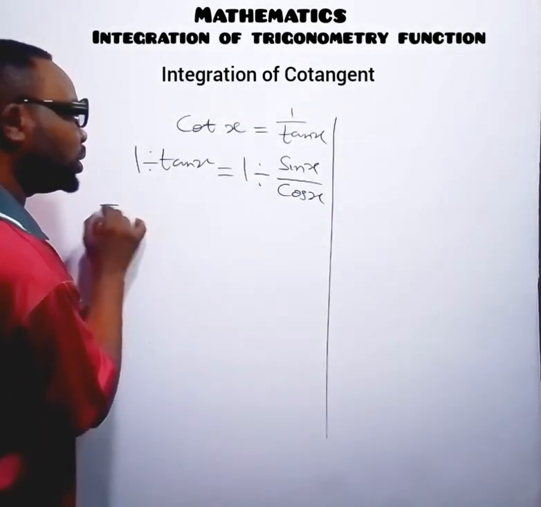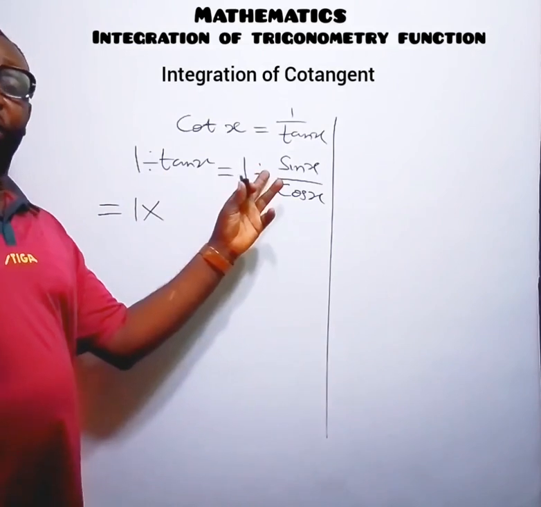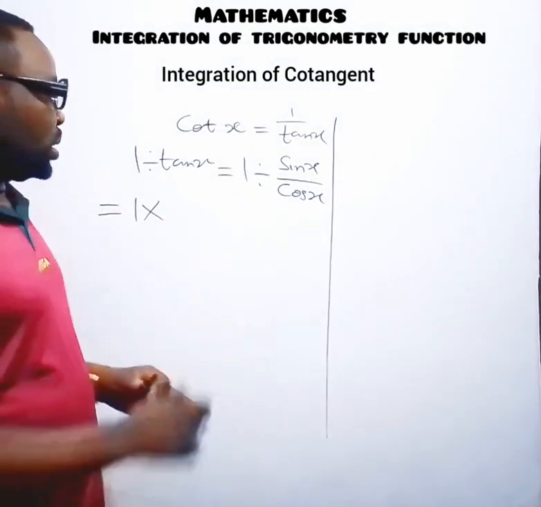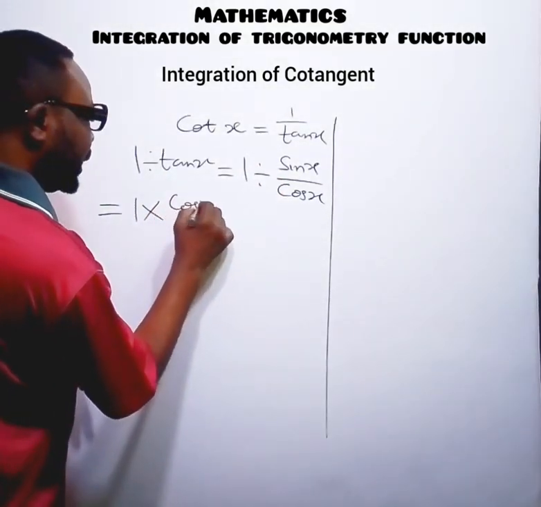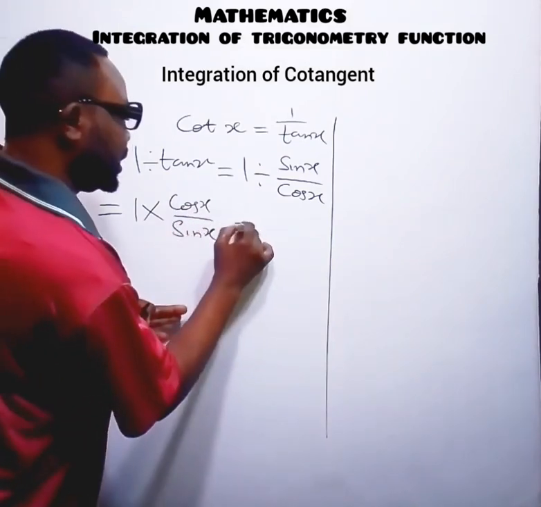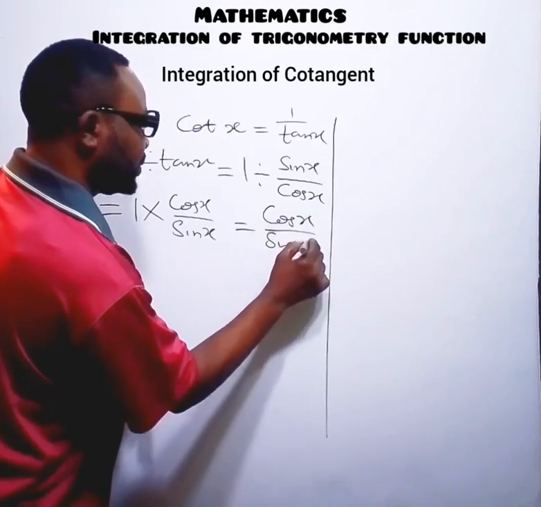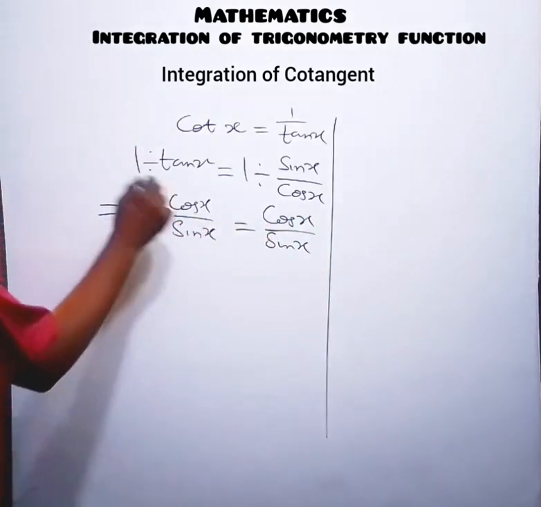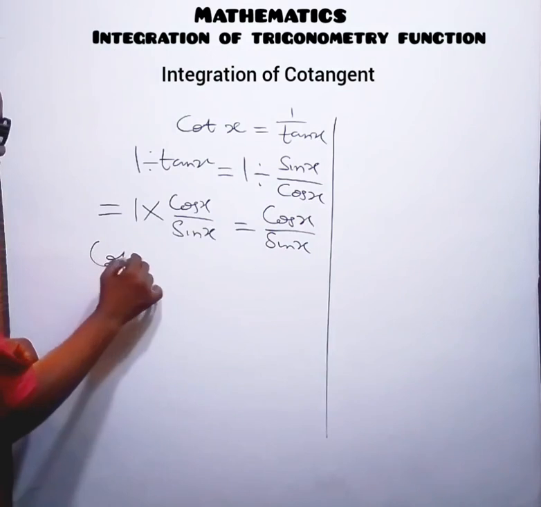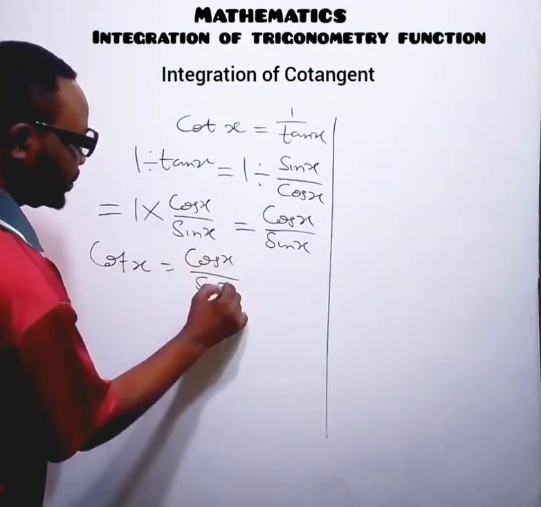Immediately you change the division to multiplication, this becomes cos x over sine x. In that regard, I can say that cot x is equal to cos x over sine x.